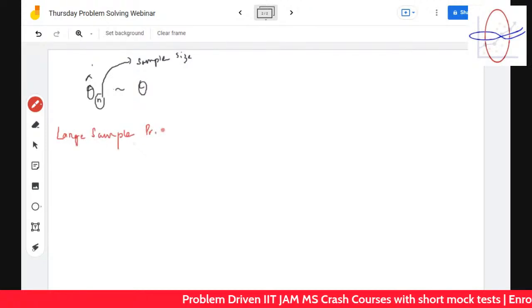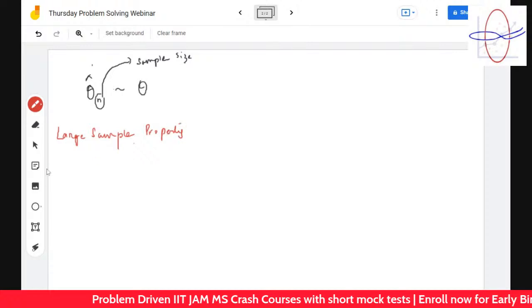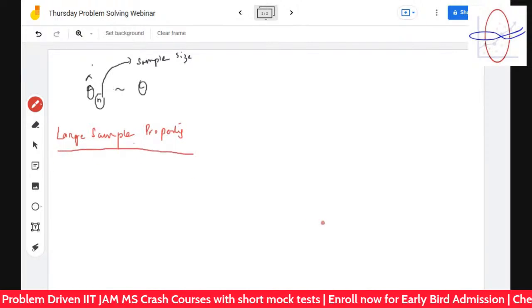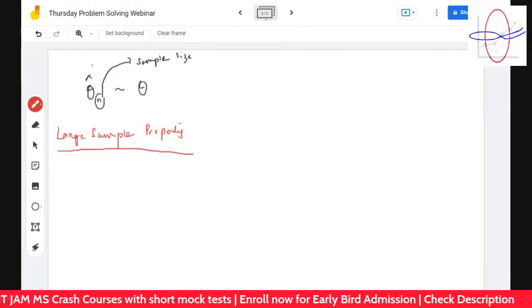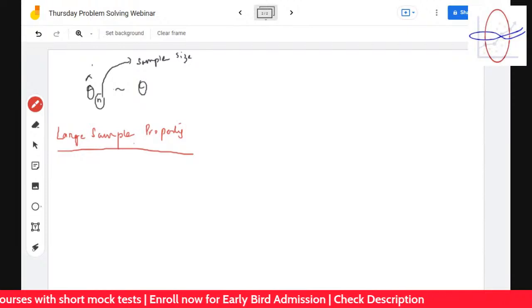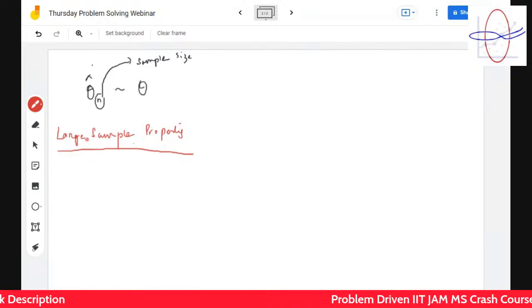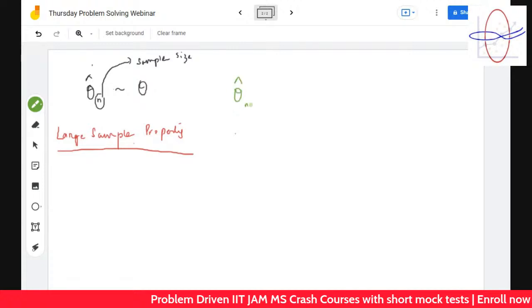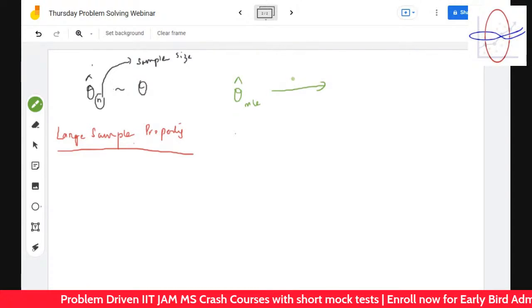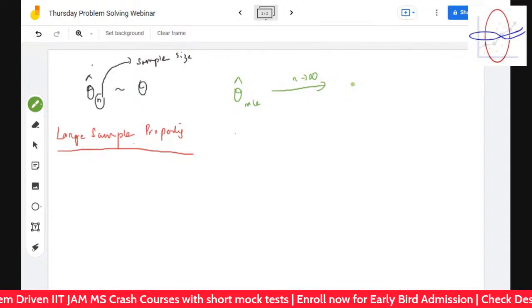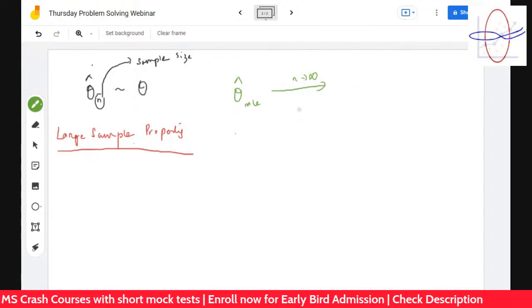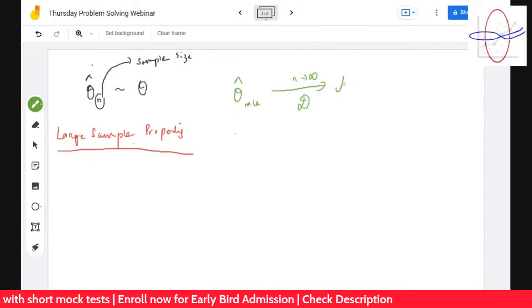Large sample property. Large sample means as n tends to infinity, something good happens. There is a result that as n tends to infinity, the MLE theta hat n MLE, which is a random variable, converges in distribution to a normal distribution.